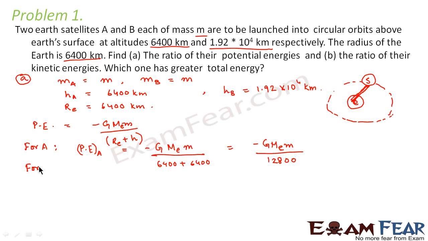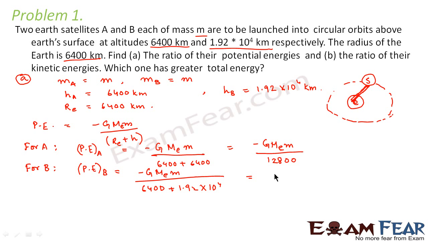Now we will calculate the potential energy for B. That would be the potential energy for B is equal to minus G ME m divided by RE, which is again 6400, plus 1.92 × 10^4.